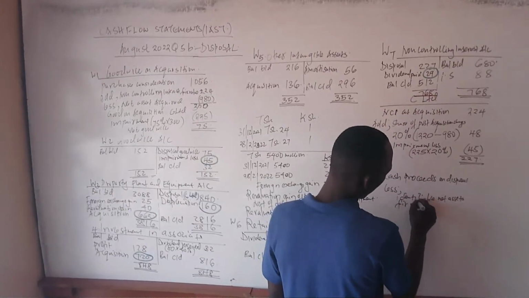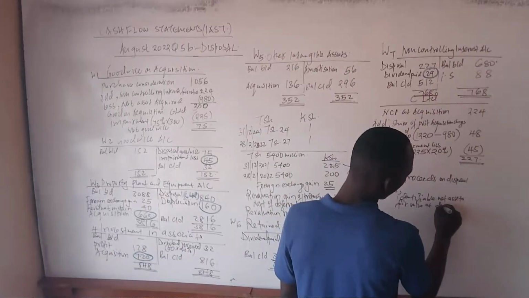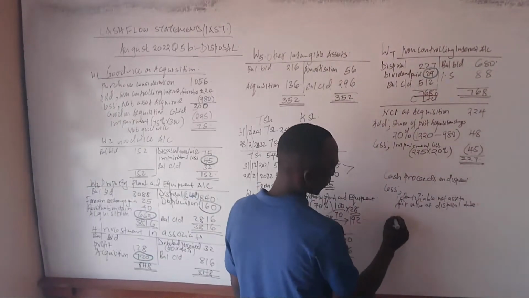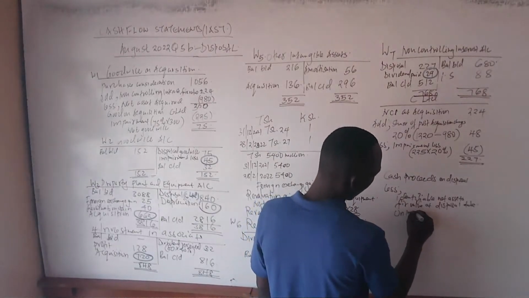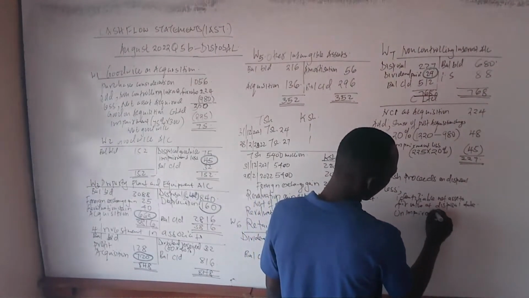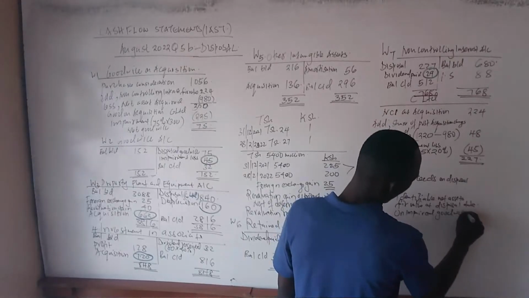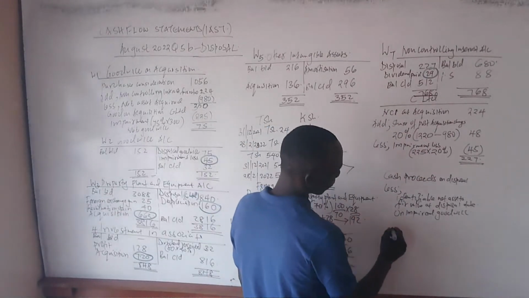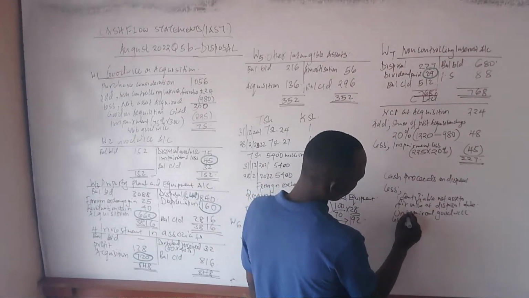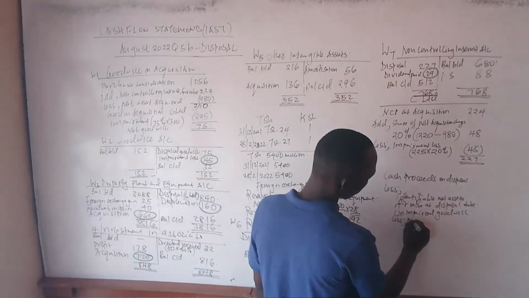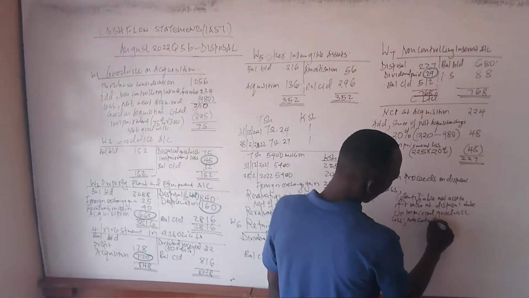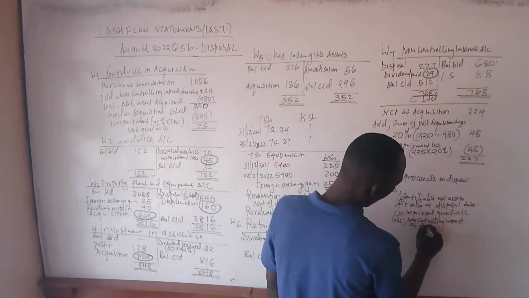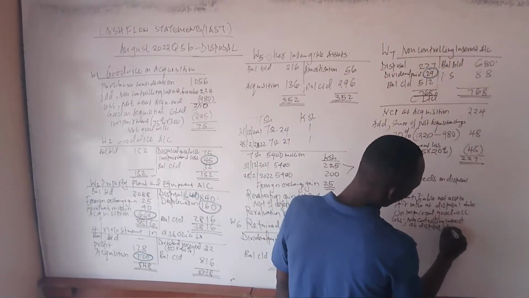at fair value at disposal date. Then also we need an impaired goodwill. Then, other than the unimpaired goodwill, we less from these net assets the non-controlling interest at disposal date.